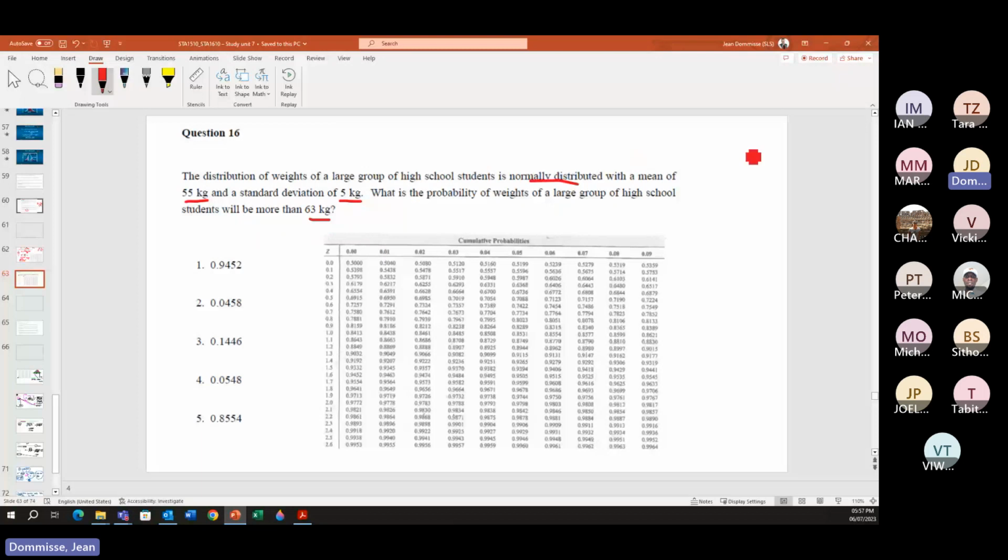Okay, so again, we can look at the Z. They tell us the students will be more than, so more than is greater. So we've got the 63. We've got the 55.